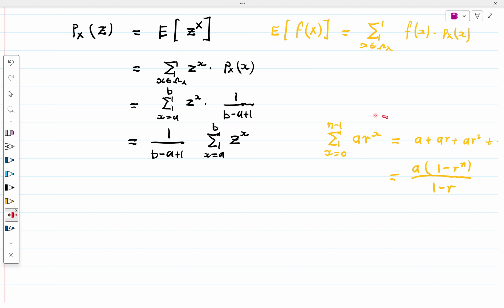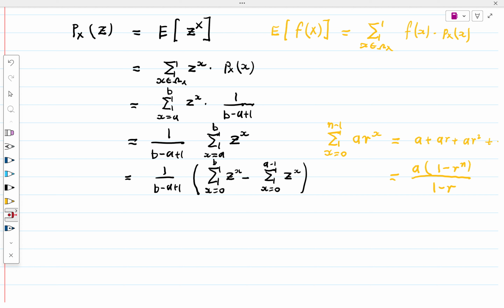Keep in mind that we can express this sum as the difference of two other sums: the sum of x equals 0 to b of z to the x, minus the sum of x equals 0 to a minus 1 of z to the x.